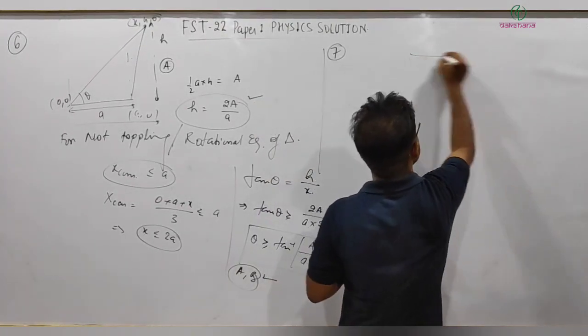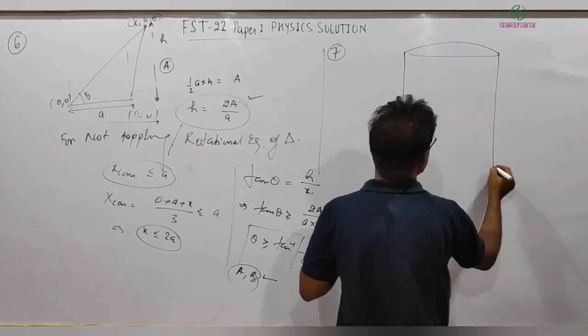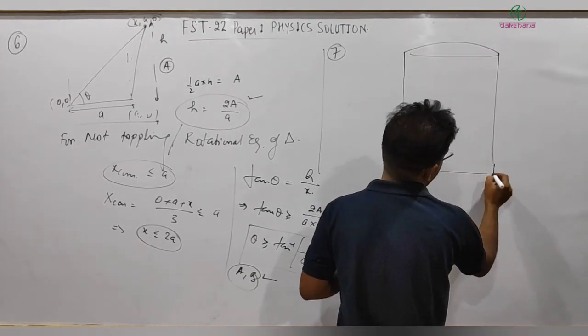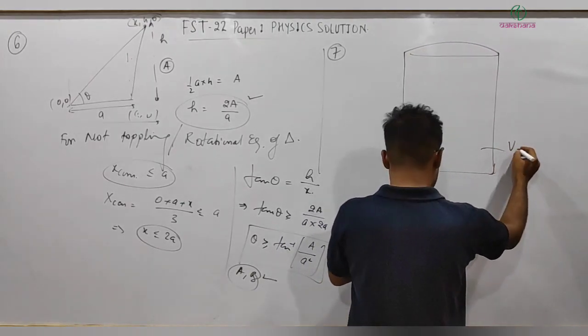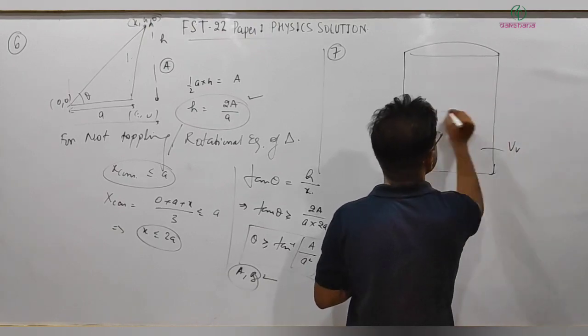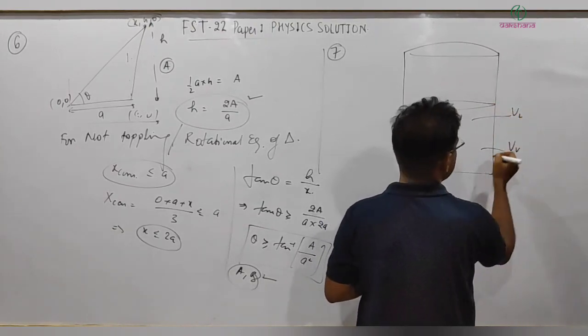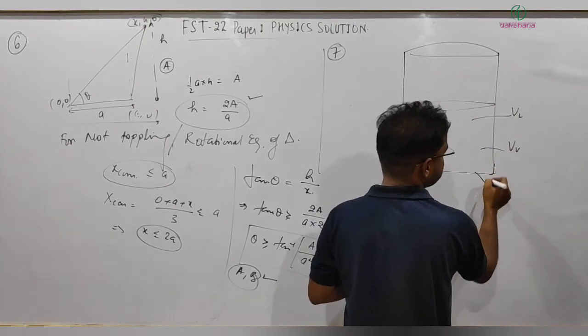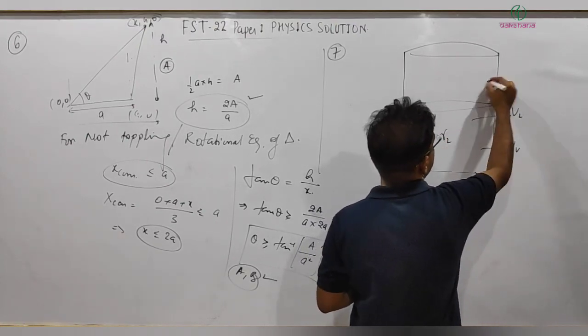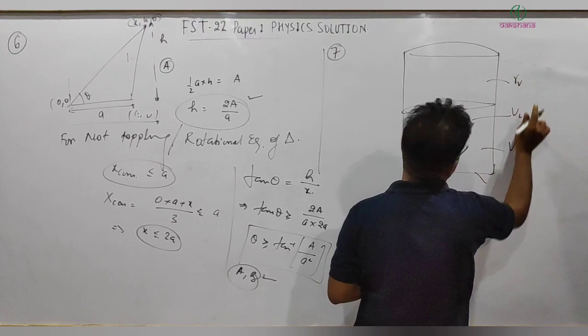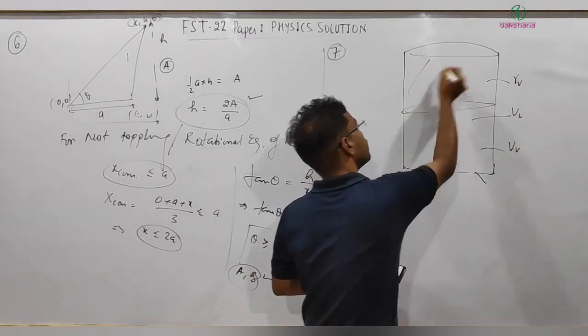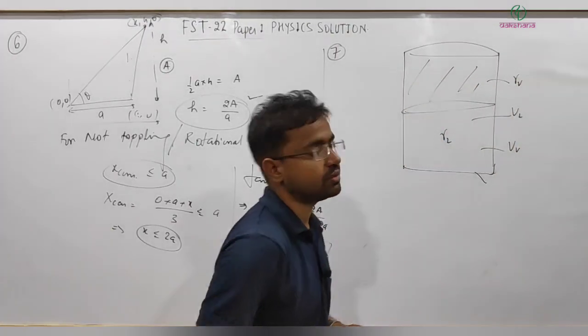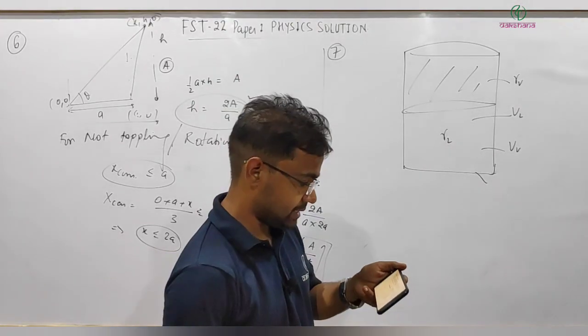Let's consider a container of volume V, with liquid filled up to here. This is the volume of liquid, and its volumetric expansion coefficient is gamma L, and for the container it's gamma V. Then this unoccupied volume must remain constant whenever cooling happens.